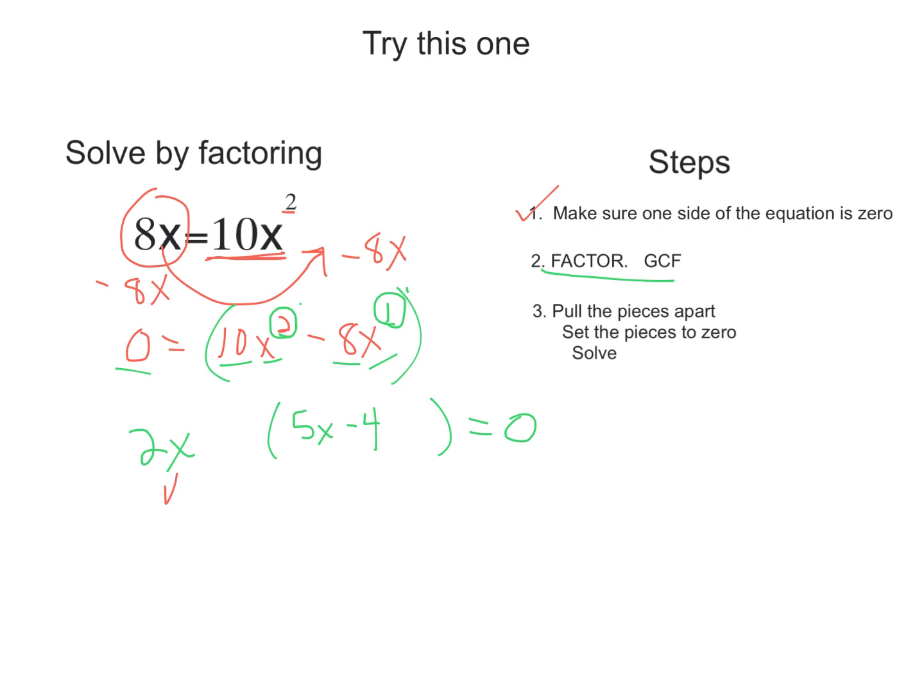Now, pull the pieces apart. Set the pieces to 0. Solve what you got. So here, divide by 2. So x is 0. On the other side, add 4s.